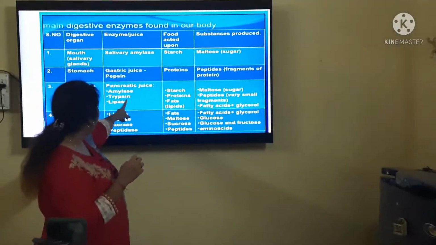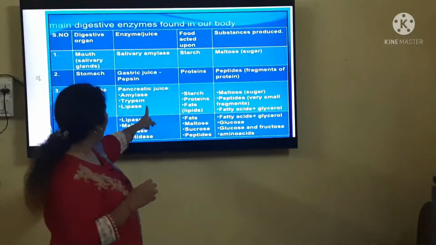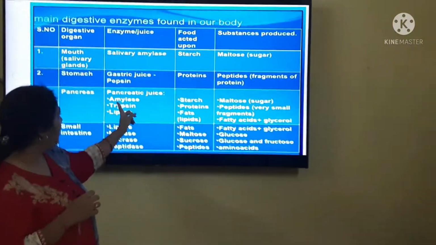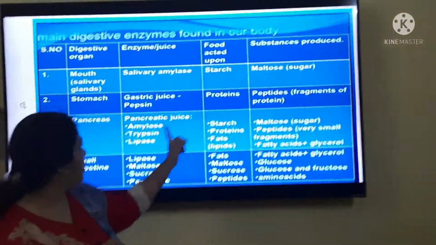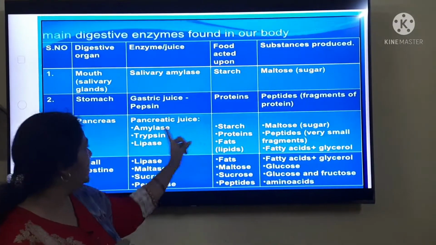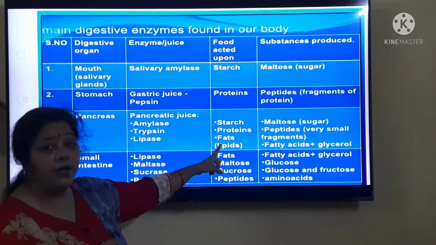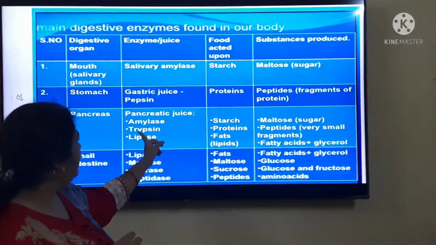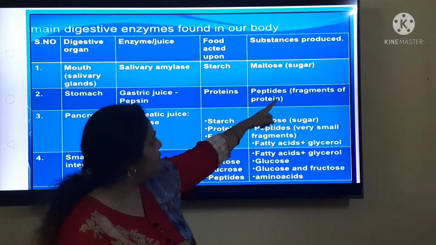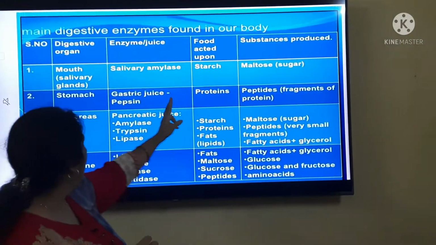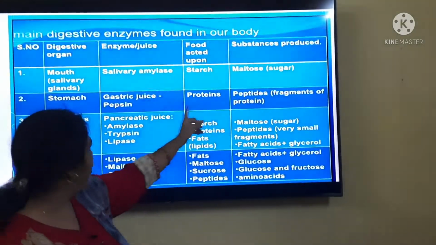Later, what is happening here? The pancreatic juice is now acting. Amylase is acting on starch, trypsin is acting on proteins, and lipase is acting on fats. So here trypsin is acting on the protein fragments that were left, which were in fragment form in the stomach.